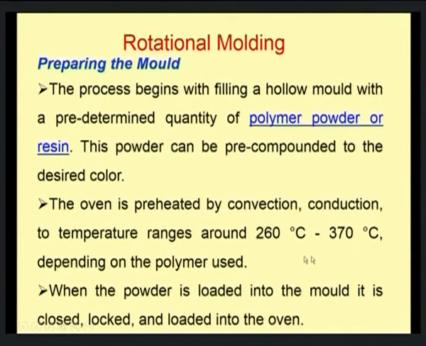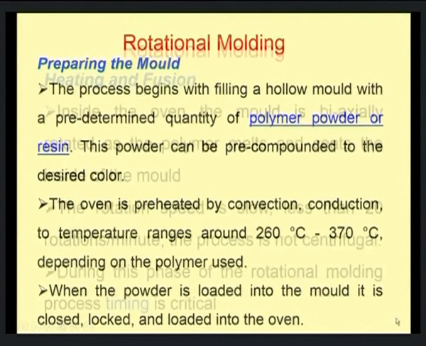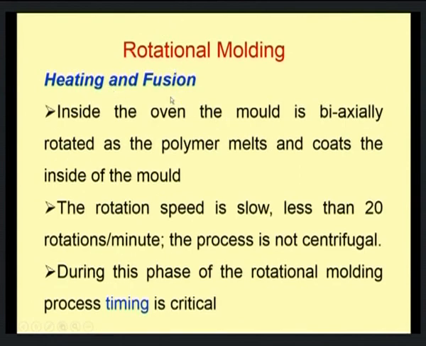The normal temperature range is 262 to 370 degree Celsius for most of the polymers. When the powder is loaded into the mold, then the mold is closed, locked, because it will be subjected to biaxial rotation. Therefore, the mold has to be completely locked, and then in the next step, it is loaded into the oven where heating and fusion takes place.